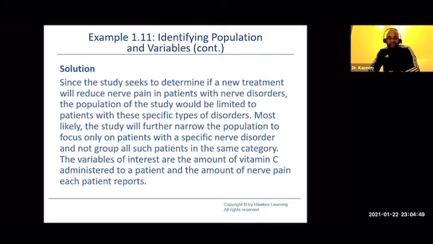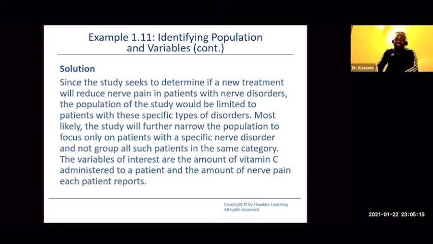Now, the variables here are vitamin C and the pain relief. There are two variables in this question. The independent variable, also called the predictor, is the amount of vitamin C administered to a patient.